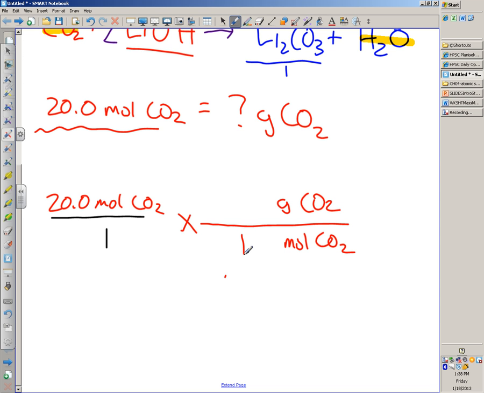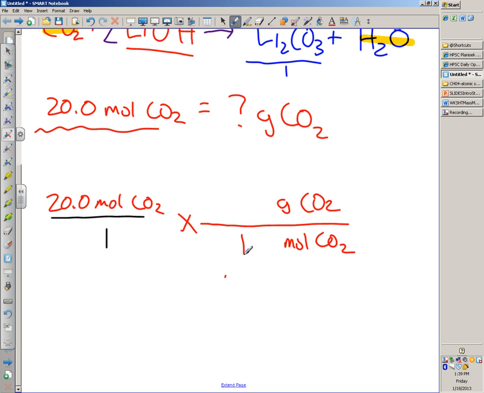Similar to that concept, when grams shows up in this conversion factor, we're still going to get the number from the periodic table. But now, do we have one atom to worry about? How many atoms do we have to worry about now? Just 3. What are the 3 atoms?